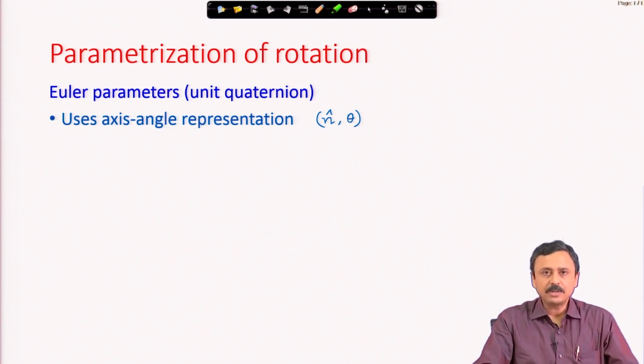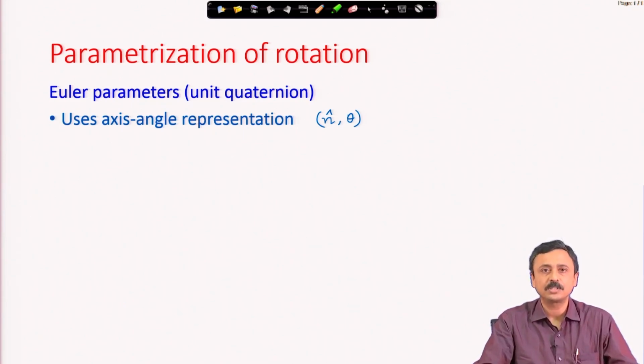And these 3 parameters are just like when you represent the position of a particle. You have x, y, z with respect to certain origin, with respect to certain coordinate system. Similarly, when we represent a rotation matrix, it represents an orientation of the body in terms of these 3 parameters.